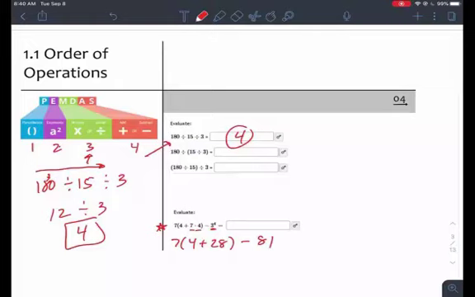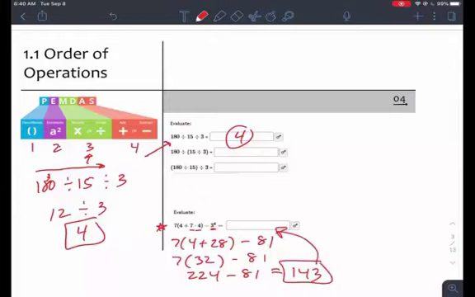And then it's just a matter of combining inside grouping symbols here. 4 plus 28 is 32. 7 times 32, if you take 7 times 30 is 210. 7 times 2 is 14. 210 plus 14 is 224 minus 81, and that gives you your solution here, the simplified form of 143.